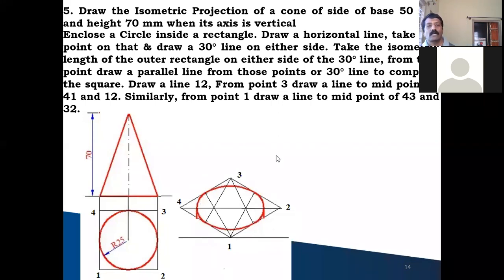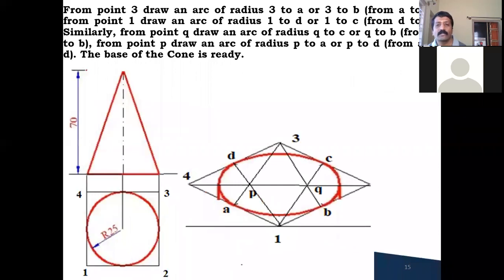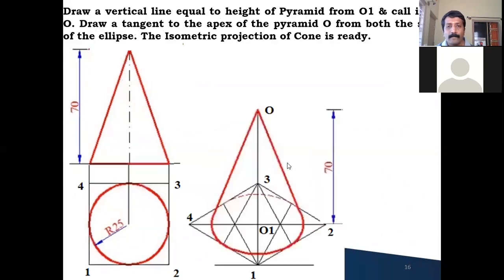After the completion of this, how to find out the center of the cone? To find out the center of the cone, you need to draw both the diagonals, 3 to 1 and 4 to 2, wherever they intersect. So this O1 is the center of the base of the cone.